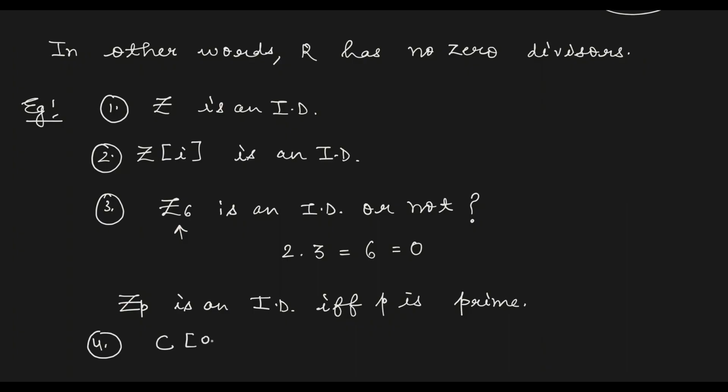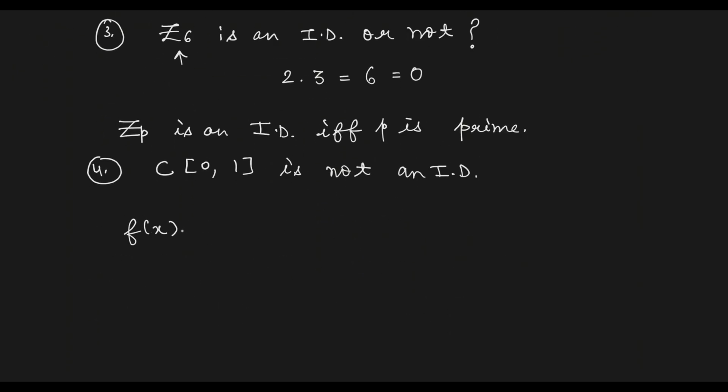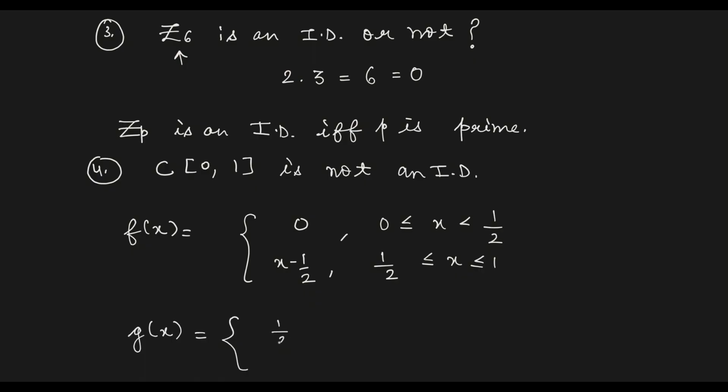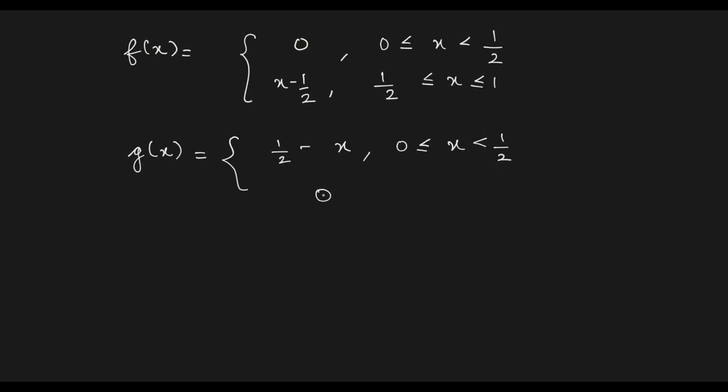Next example. The set of all continuous functions whose domain is [0, 1] and codomain is the real numbers. This is not an integral domain, because if I define the functions f(x) as a piecewise function: 0 for 0 ≤ x < 1/2, and x minus 1/2 for 1/2 ≤ x ≤ 1; and g(x) equal to 1/2 minus x for 0 ≤ x < 1/2, and 0 for 1/2 ≤ x ≤ 1.